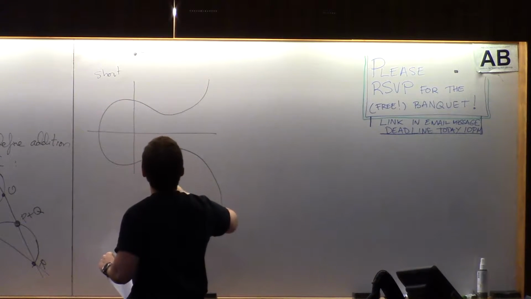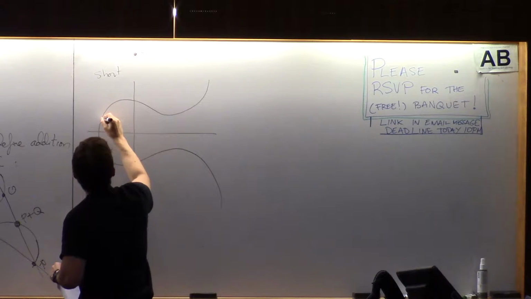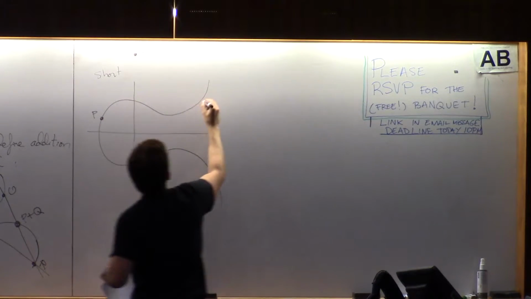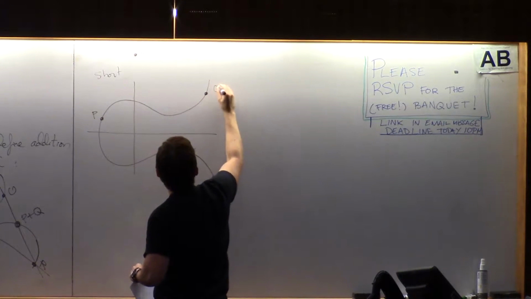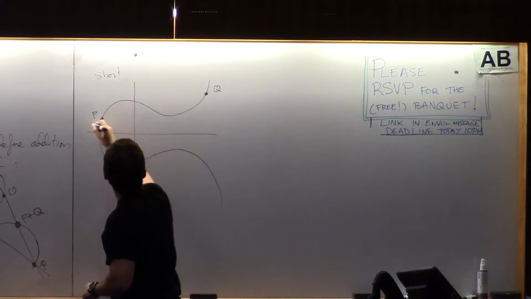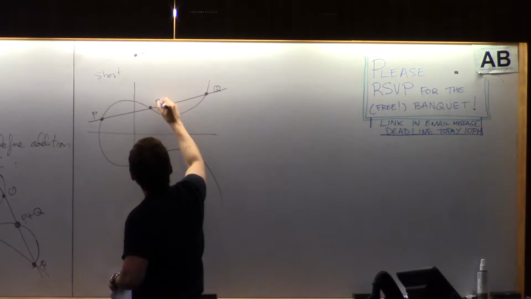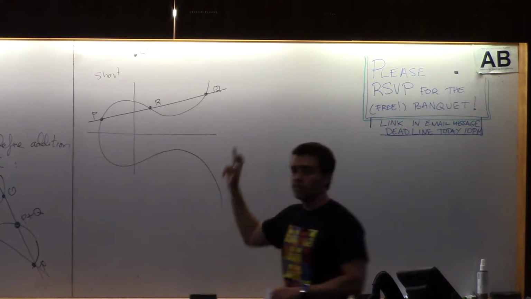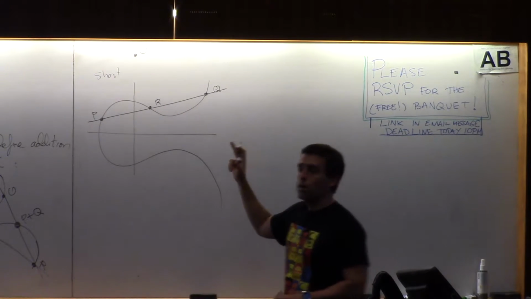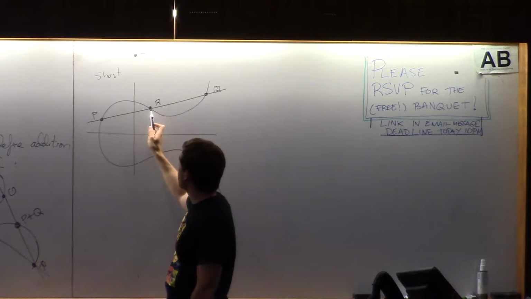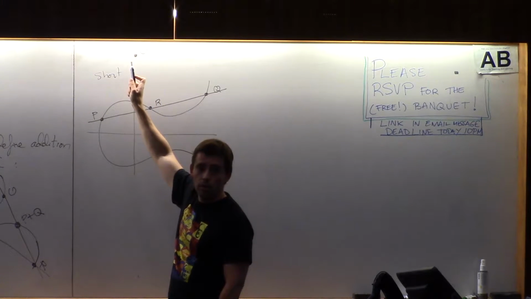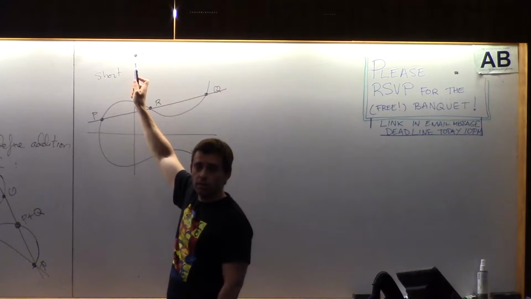So how are we going to define P plus Q? I have P, I have Q, and what I'm going to do is trace the line from P to Q. Here's my point R, and now I'm going to reflect it with respect to O, meaning that I want a line that goes through R and O. What line would that be?